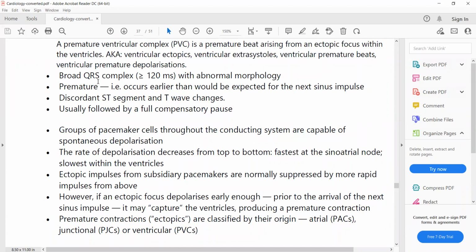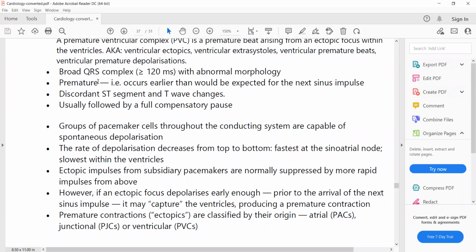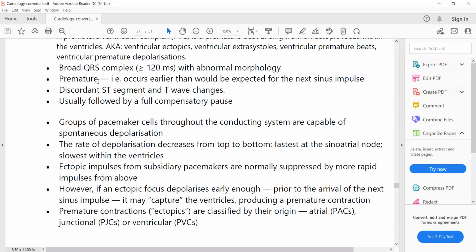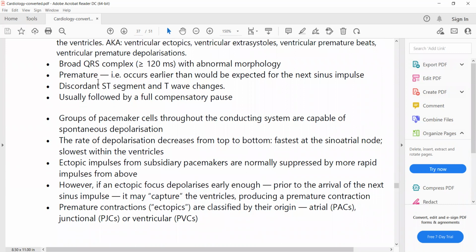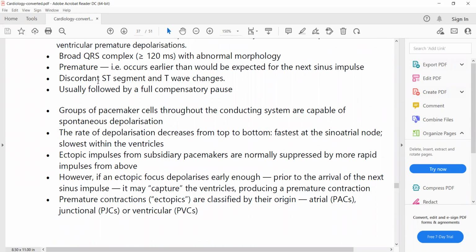The second point is that the QRS complex of the premature ventricular contraction will be broad, a QRS complex that is more than 120 milliseconds, with discordant ST segment and T wave changes.